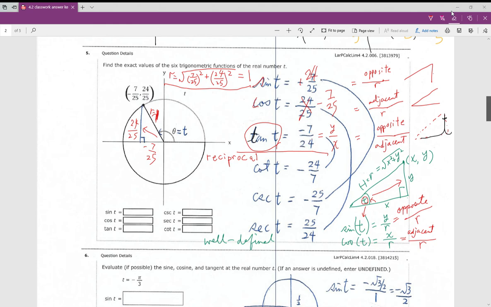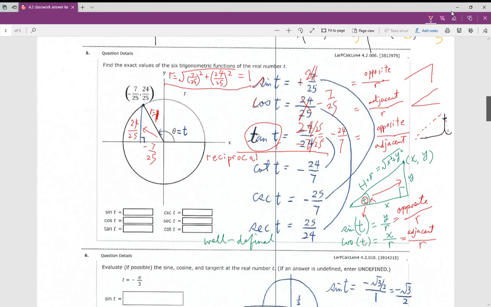Okay, so tangent is y over x. Y is 24 over 25, and x is -7 over 25, and you simplify it. It needs to be negative. So in the end, it will become negative 24 over 7.